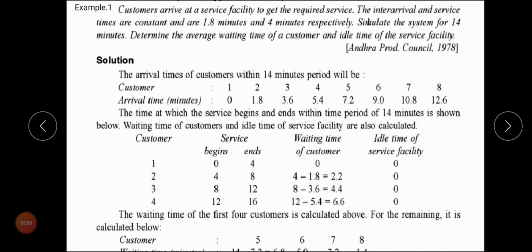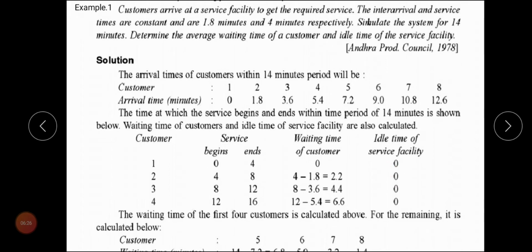The second customer arrives at 1.8 minutes, but his service begins at 4 minutes and ends at 8 minutes. So what is the waiting time for customer 2? He arrived at 1.8 but service begins at 4, so 4 minus 1.8 is 2.2 minutes waiting time. And idle time for the service facility is 0.